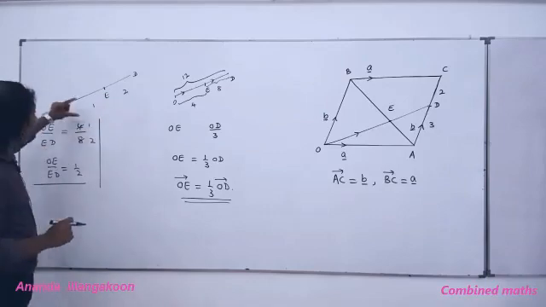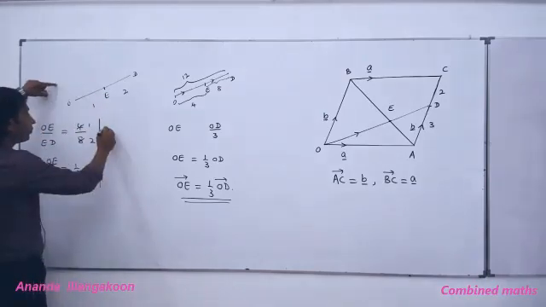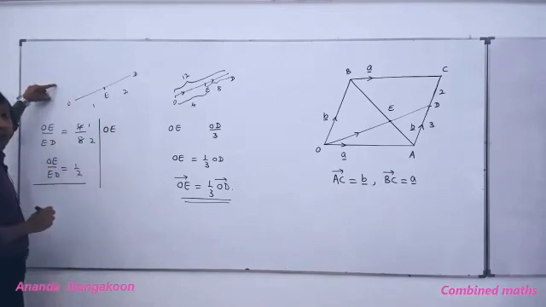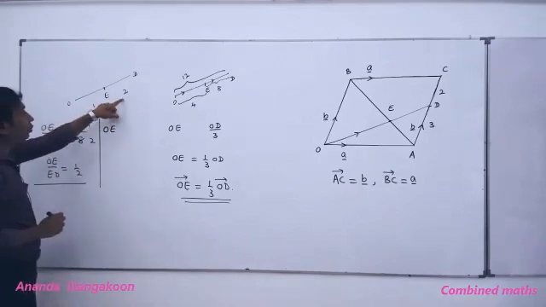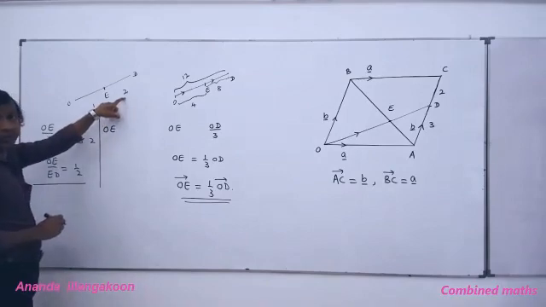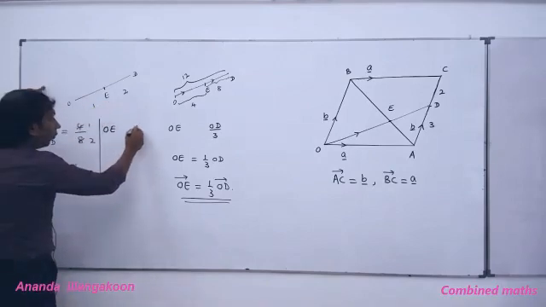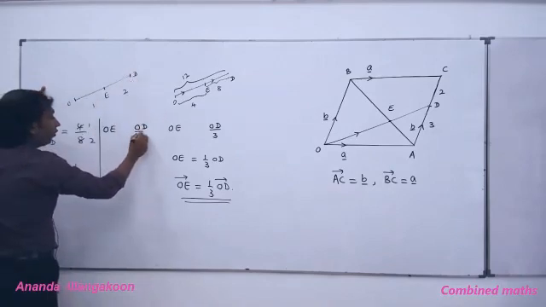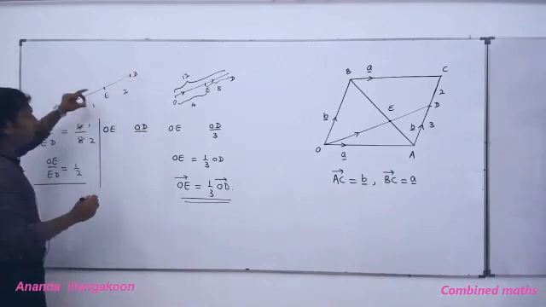Then when we write this OE length, this is what we need to do. First, add these ratio figures. 1 plus 2 is 3. Now, the whole OD length is divided by the sum of the ratio figures, 3.